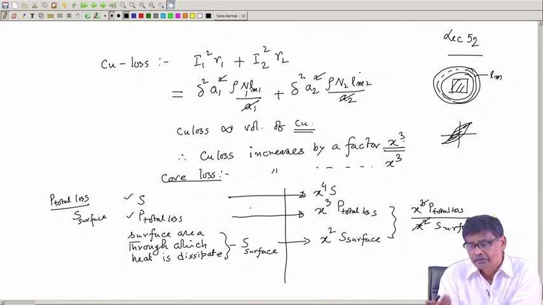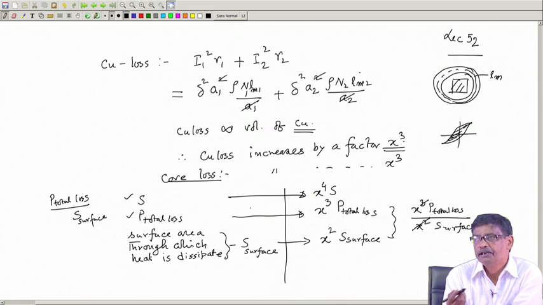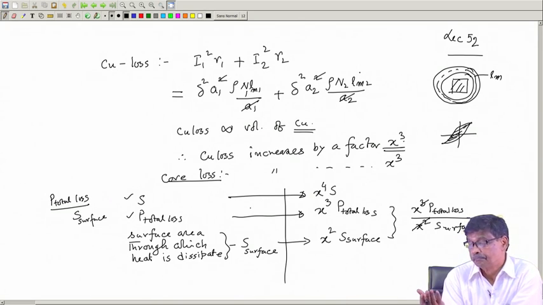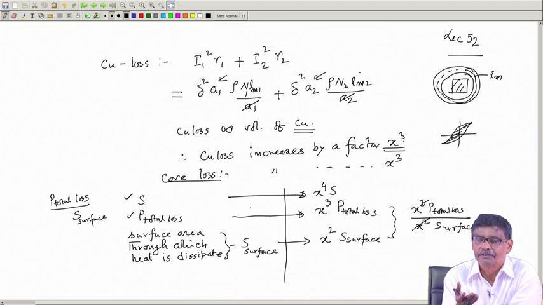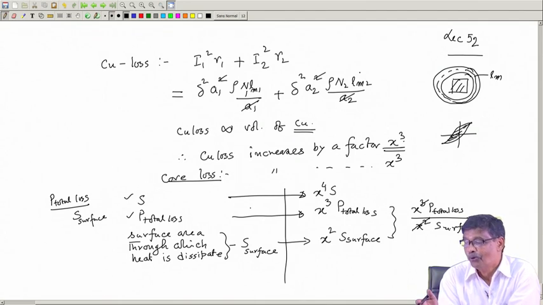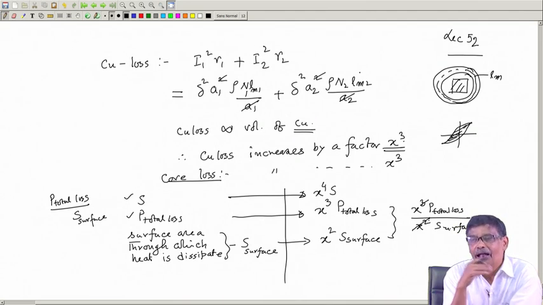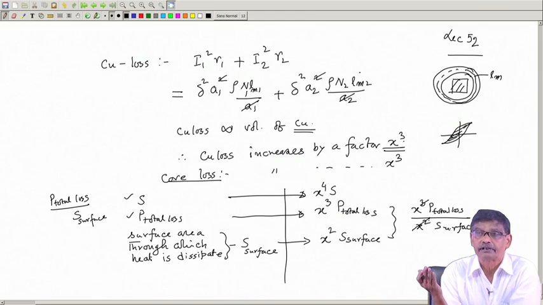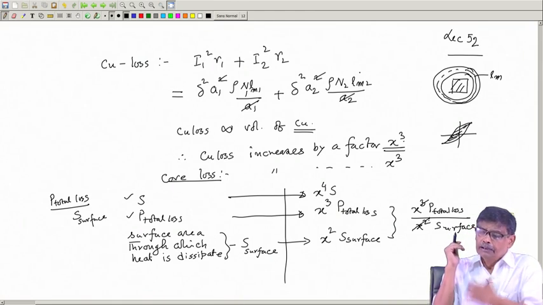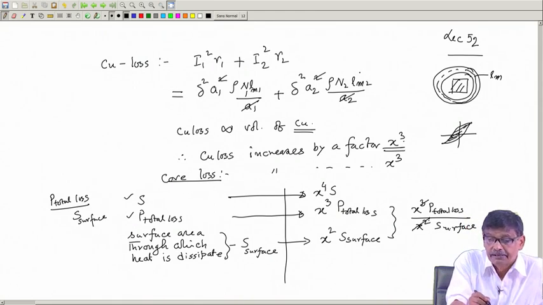For a small transformer, suppose a 5 kVA transformer, temperature rise is okay, 70 degrees centigrade or so. If I reduce the linear dimensions by a factor of say x equal to half, a smaller size, you do not require any extra cooling, because more surface area will be available and your total loss will be reduced if x is less than 1. We are discussing x greater than 1. For a large size transformer, what happens? Therefore, extra cooling arrangement is a must.